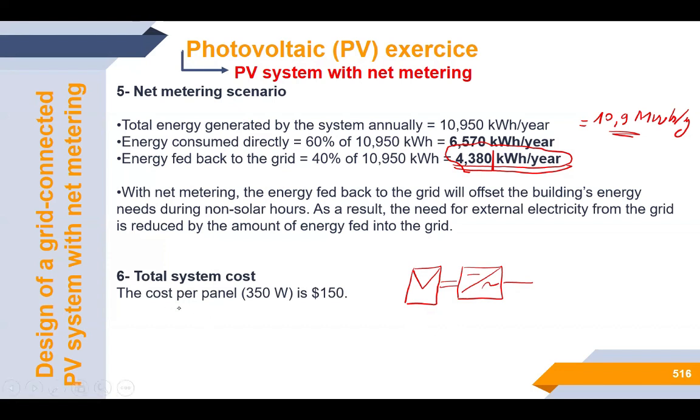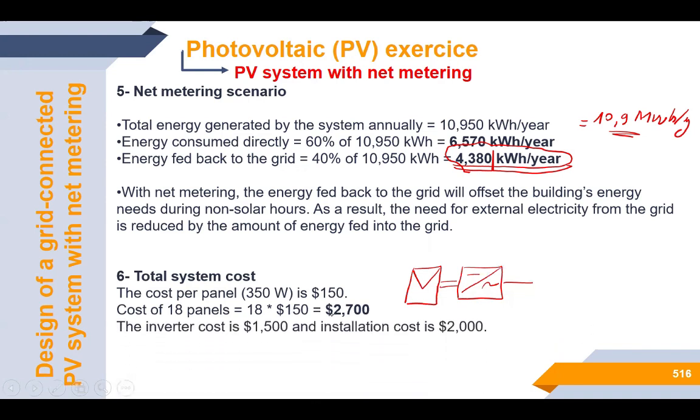Let's assume that the cost per 350 watt panel is about $150. Okay, it's about this price. The cost of all panels together is 18 times the price of each panel, about $2,700.